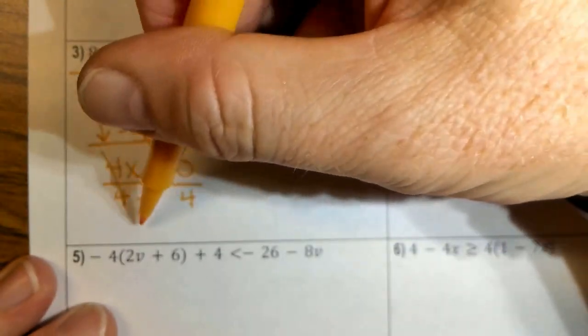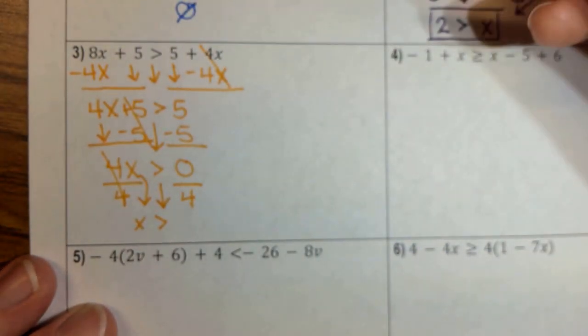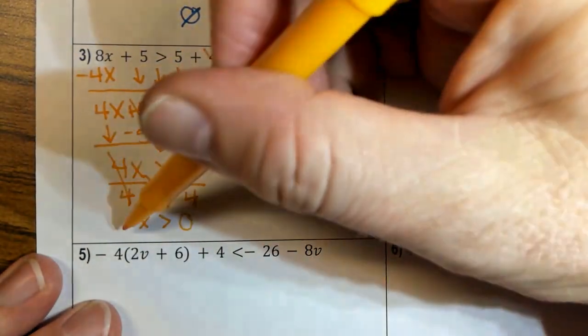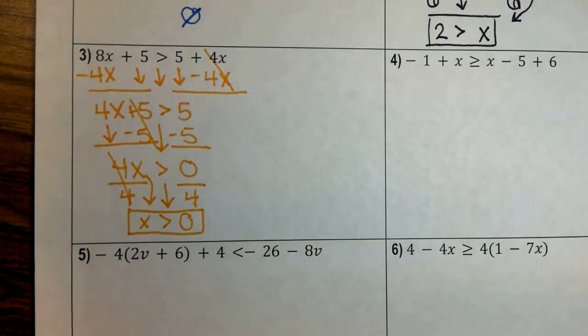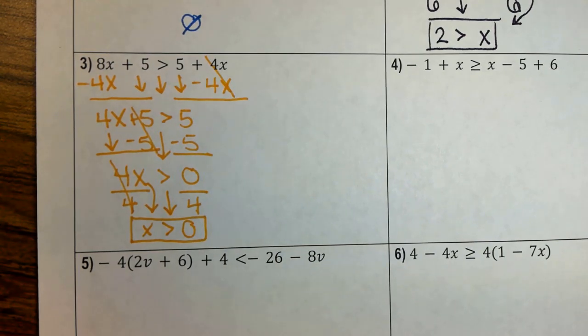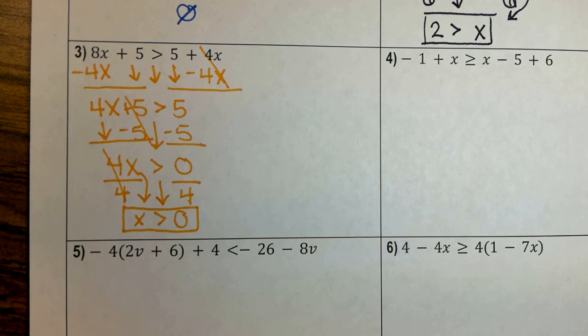So I still have an x that did not go away. My sign is greater than, never changed. And then I can do 0 divided by 4 is 0. So remember, 0 is a number, so that is my answer. Don't think of 0 as a no solution. That's not true. Okay, so if you get 0, that is your answer.